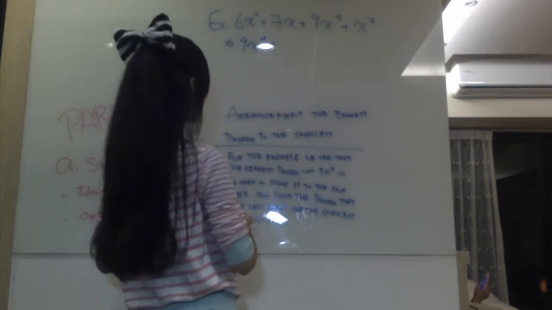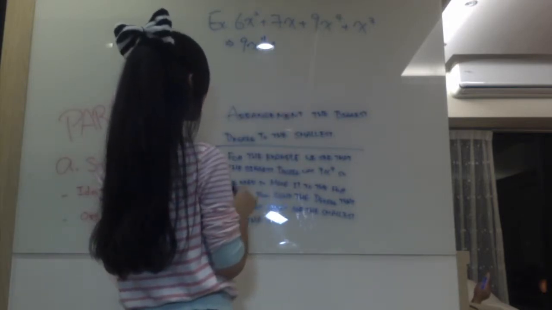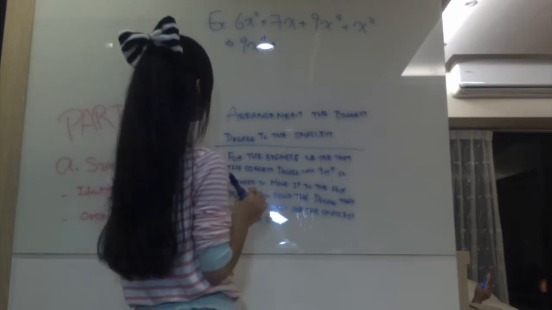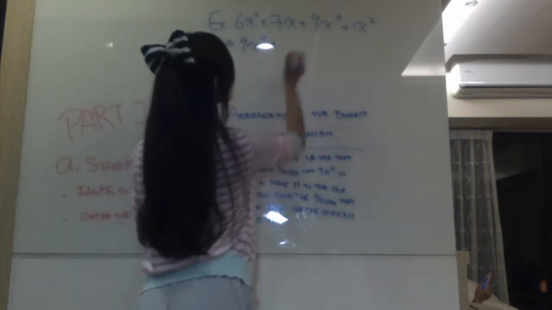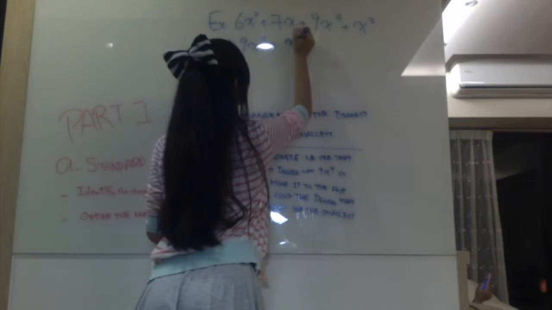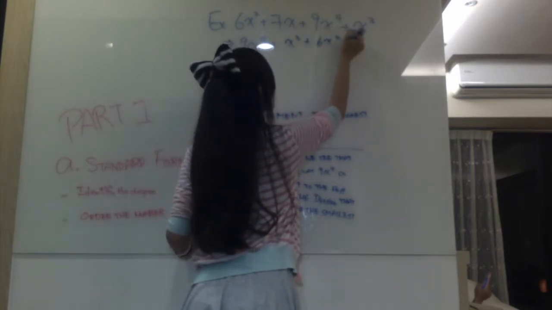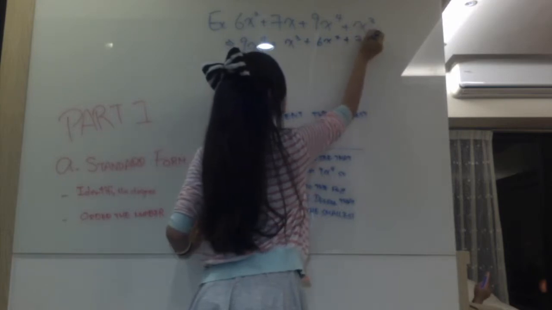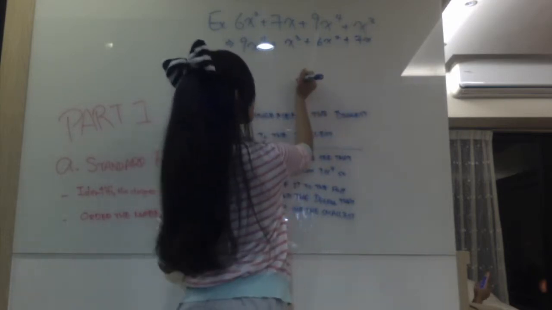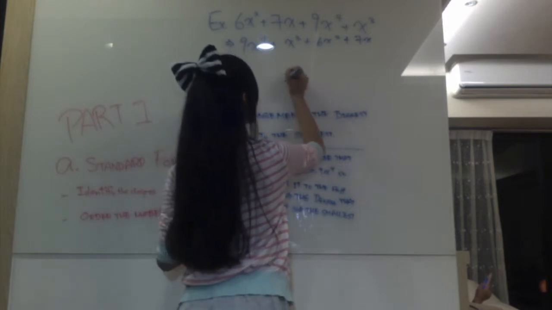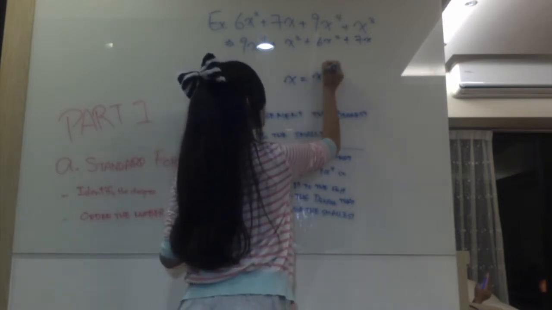Then we find the degree that was big but less than 9x⁴. That was x³, then 6x², then 7x. And 7x was the smallest one because x is equal to x¹.